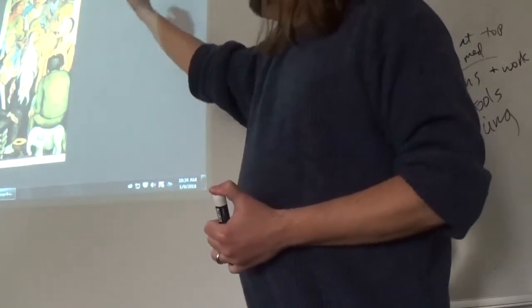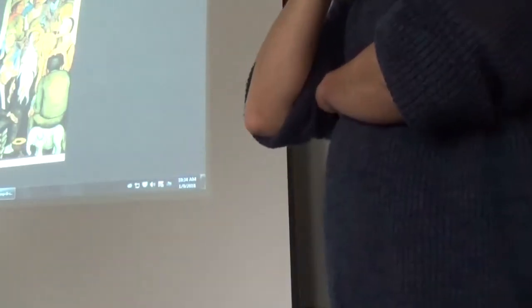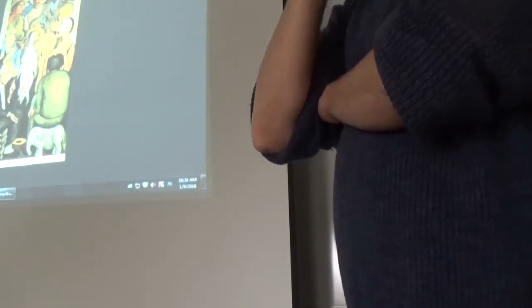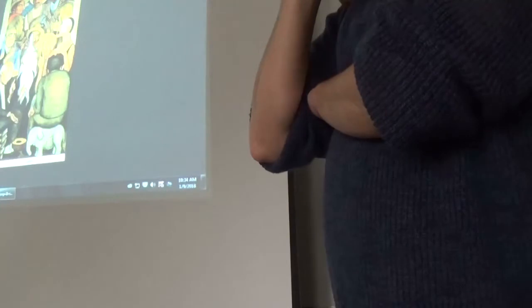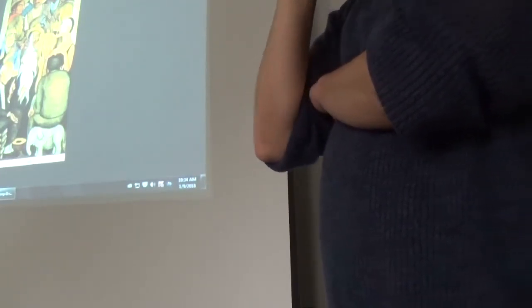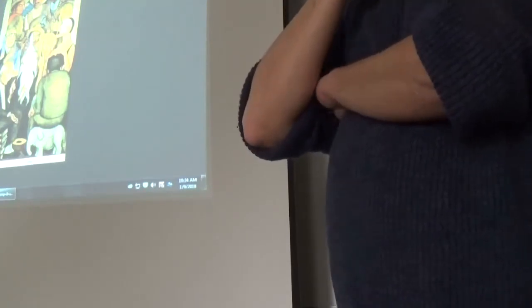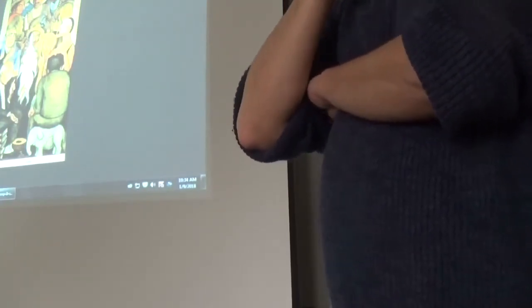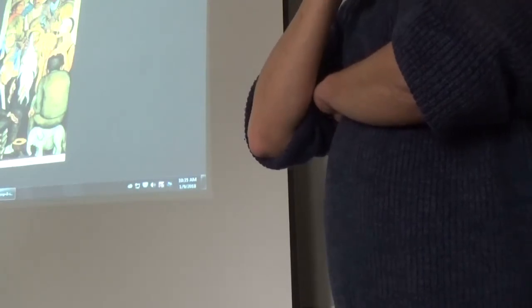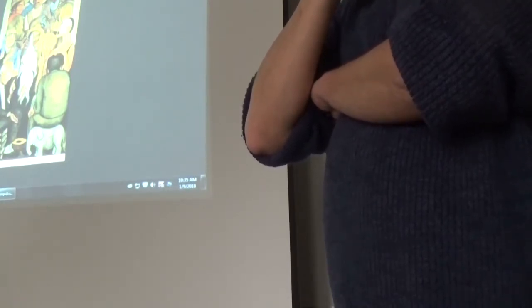How are these two groups related? Within the picture, yeah. Well, I don't think this is right, but the group on the bottom all live in harmony, like they're all together, and the people at the top aren't. So maybe the people at the top are longing for the thing on the bottom.